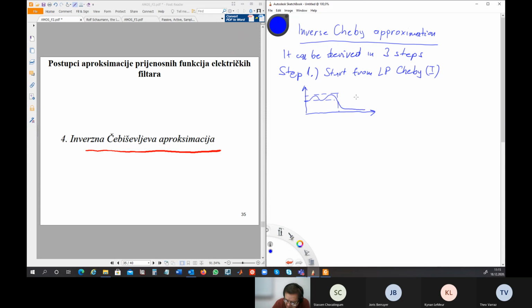Here is the stop band, this is the pass band.